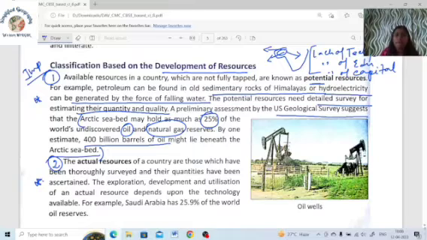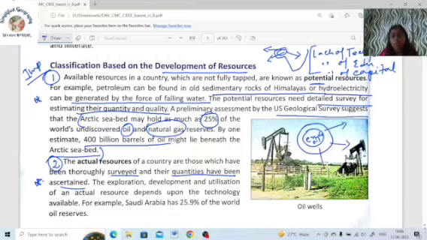So follow. The actual resources of a country are those which have been thoroughly surveyed and their quantities have been ascertained. For example, in the Middle Eastern nations, we find that most of the crude oil is present over there, and they are exporting it to the rest of the countries in the world and making money. Thus they are growing their economy, and if a country's economy is strong, the country is developed.